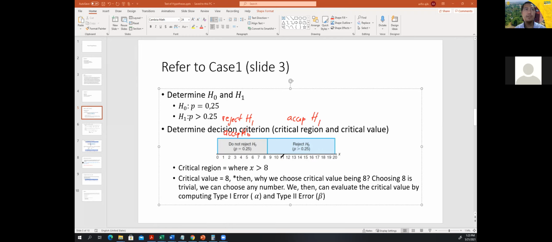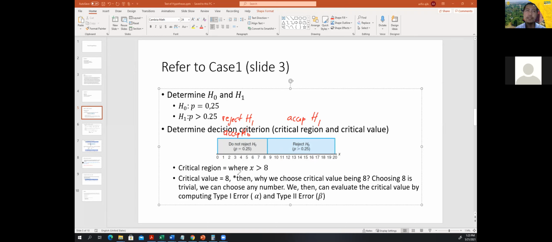And then after we divide it into 2 regions, we set a certain value, let's say a critical value.